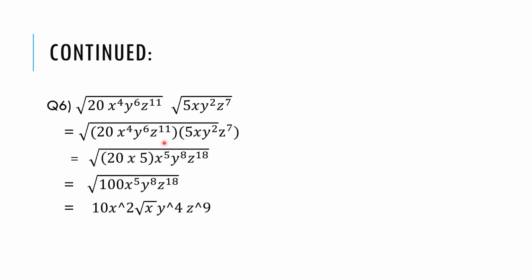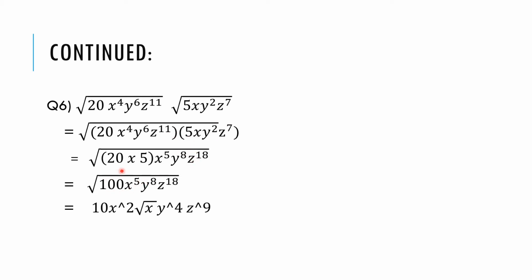Okay, let's have a look at this question. Square root of 20x^4 y^6 z^11 times square root of 5x y^2 z^7. We combine these two radicals: 20 times 5 is 100, x^(4+1) is x^5, y^(6+2) is y^8, and z^(11+7) is z^18.